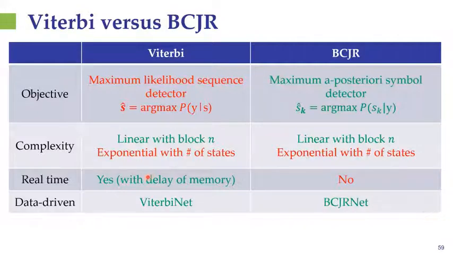Viterbi, due to the fact that it only computes the forward path, is able to operate in real time with some delay, which is dictated by the memory, while BCJR requires the complete block to be received before it can detect it. And both give rise to a data-driven implementation. One is ViterbiNet, and the other is BCJRNet, which utilize a relatively small training set in order to learn to carry out those model-based algorithms.